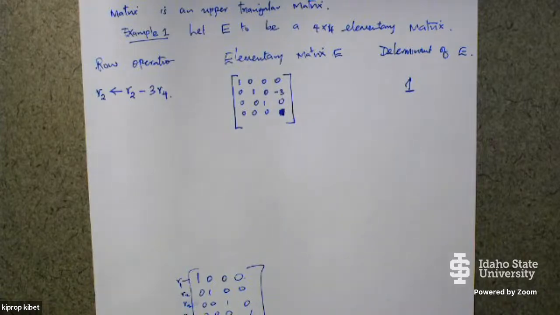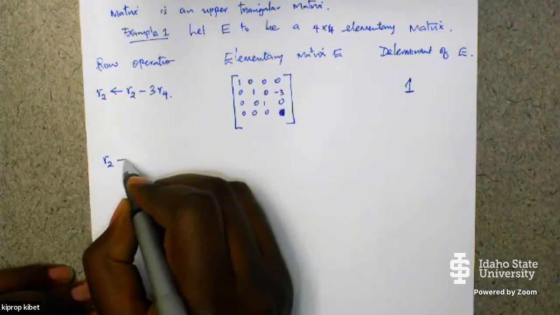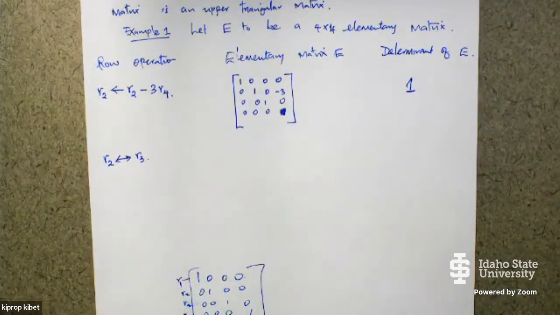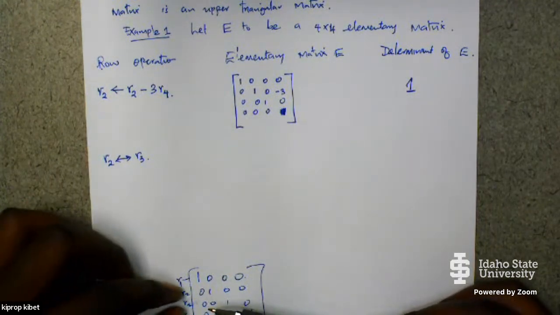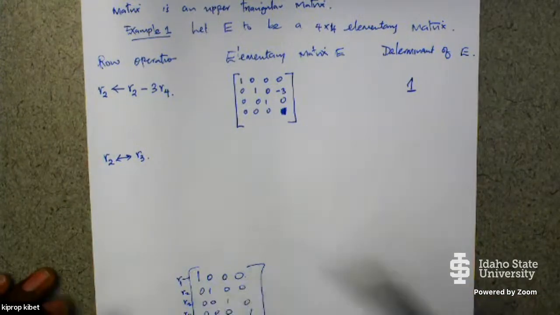Now, if we switch R2 and R3, this R2 comes down here and R3 comes here.